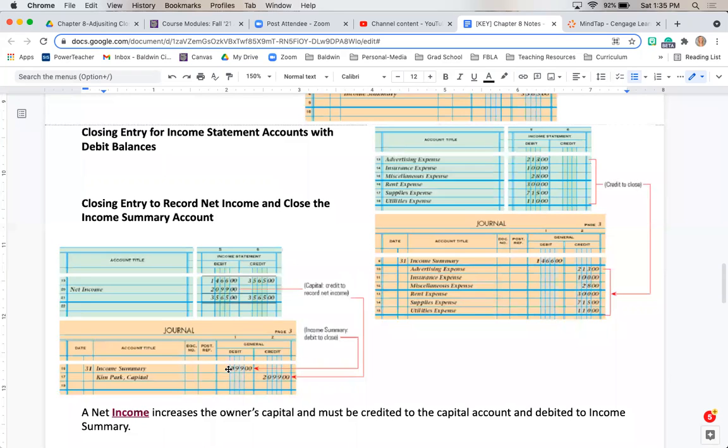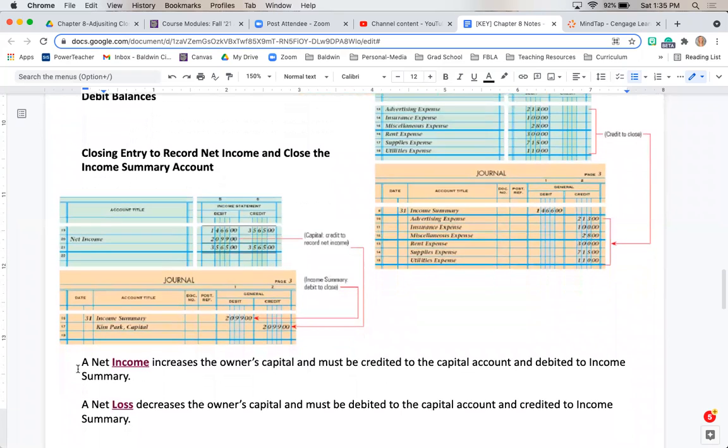Depending on what the balance is, we're going to do the opposite. Since in this case it's a net income, to close income summary, we would get a debit, which would increase our capital account with a credit. So net income always increases owner's capital, which results in a credit to capital and a debit to income summary.